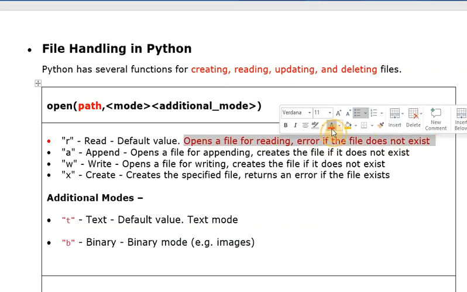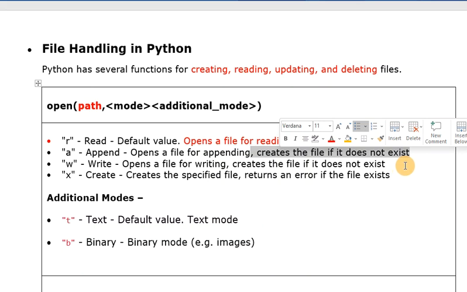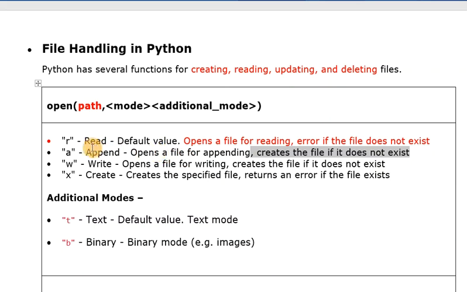But in case of A and W, it creates the file if it does not exist. So mode A and W are used to create the file if it does not exist, but mode R and X always give the error if the file does not exist.